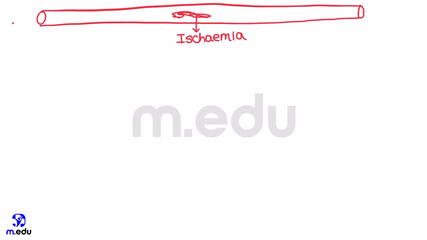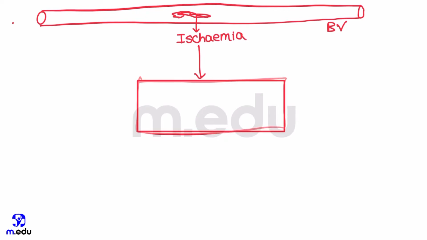So for instance, if this is a blood vessel, so if there's some injury to it or some part of it has broken, it will result into ischemia. Now when ischemia occurs, it will directly result into the decreased oxidative phosphorylation taking place inside the mitochondria.